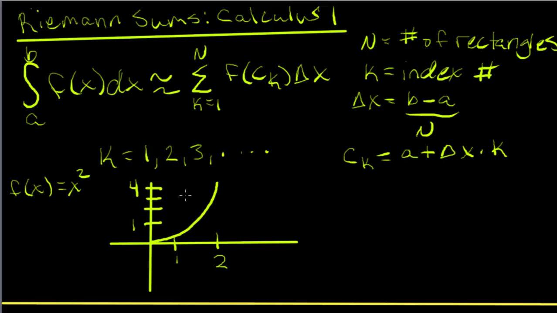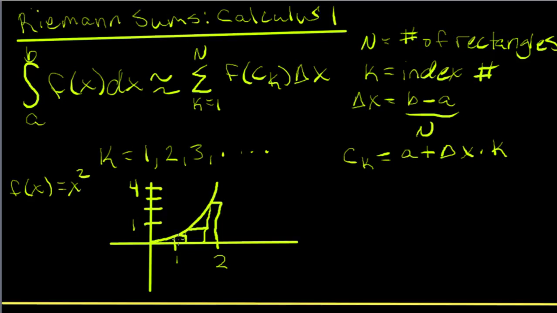Alright, so using Riemann sums, what we're going to do is basically make these into rectangles. So as you can see, we have one rectangle here, which is very small and you can't see it.